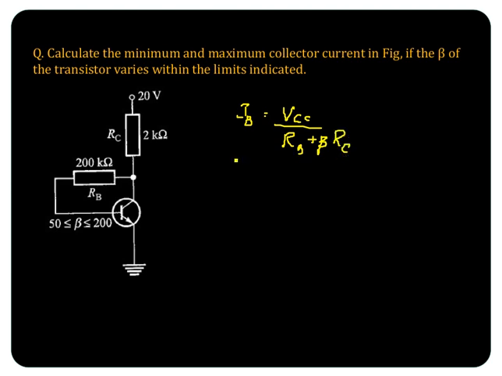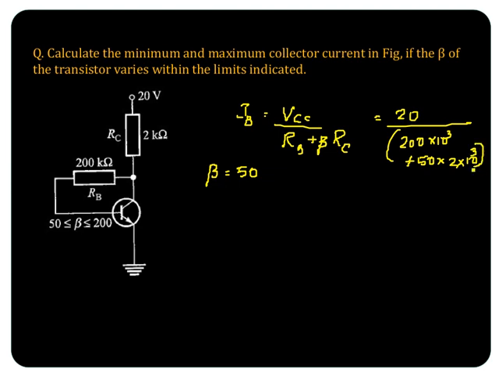Okay, so first we'll take the value of beta equal to 50. When beta equal to 50, what is this IB? You will get it as, this VCC is given as 20 volt, RB is given as 200 kilo ohm, 10 raised to 3, plus what is beta? 50 into RC is given as 2 kilo ohm, 2 into 10 raised to 3.